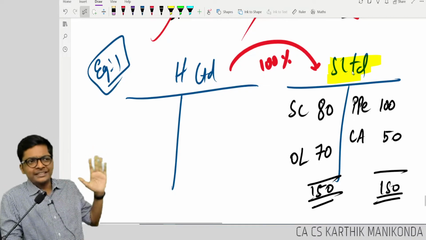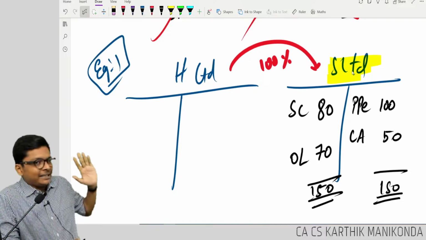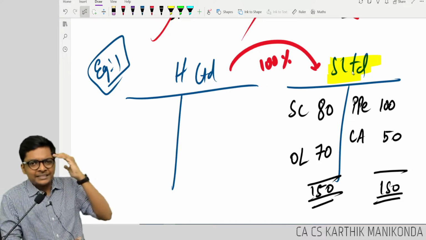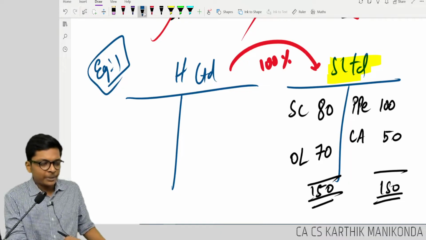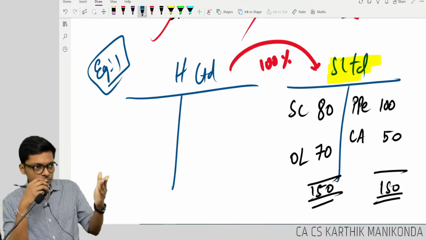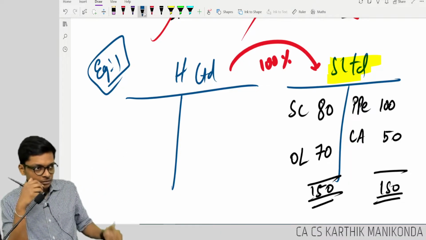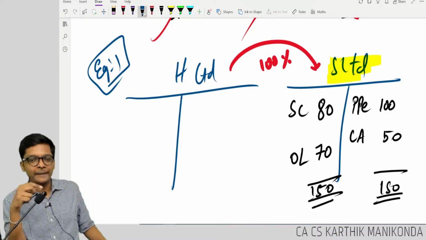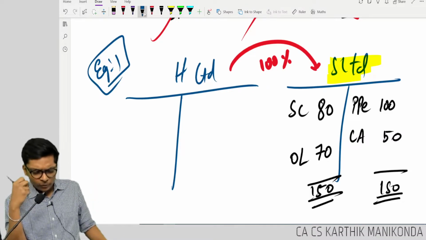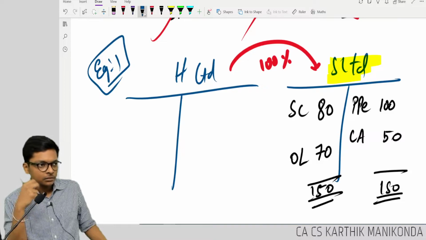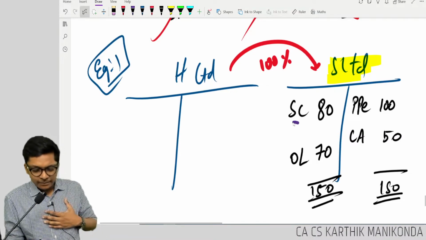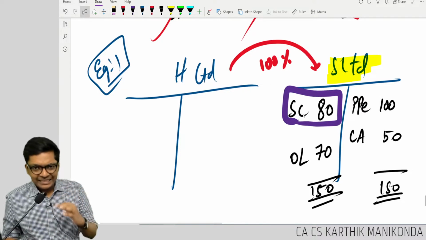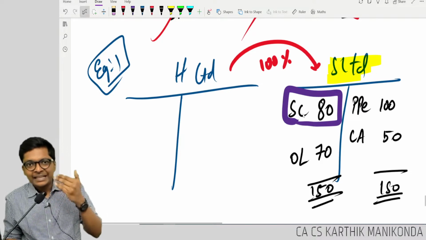What do you think is the correct price to buy the subsidiary, which is in our example, Reebok? Let it be in lakhs or crores. How much will you pay? Yes, Rahul, how much will you pay? 80 will pay. Why 80? So he is saying this company's share capital is 80, I will pay only 80.